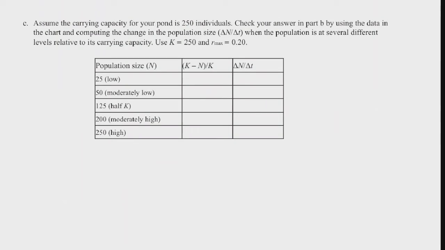Okay, moving on to C. Assume the carrying capacity for your pond is 250 individuals. So that is what K is. Check your answer in part B by using the data in the chart and computing the change in the population size when the population is at several different levels relative to its carrying capacity.